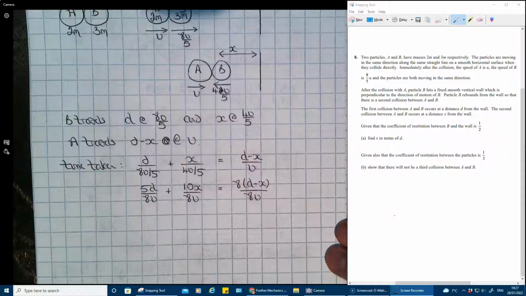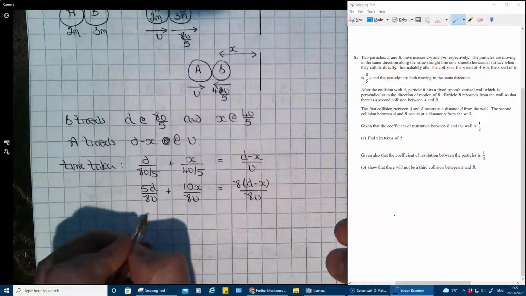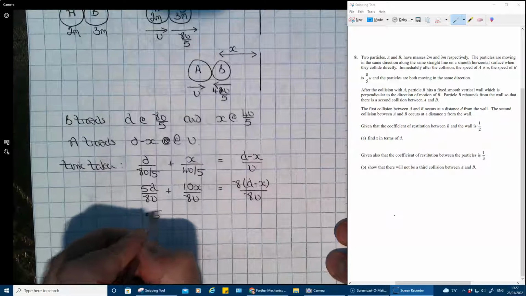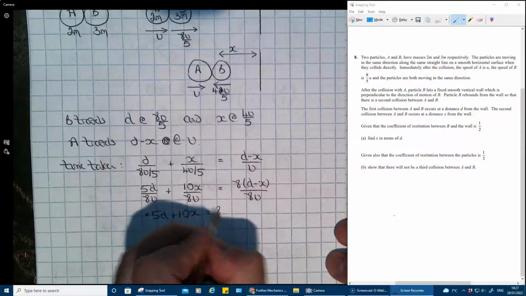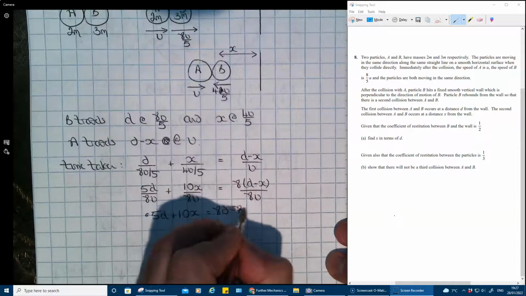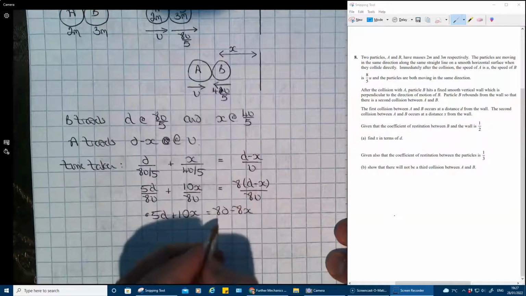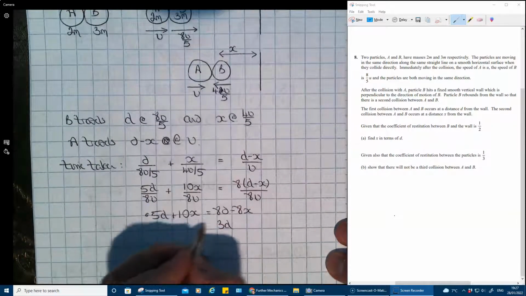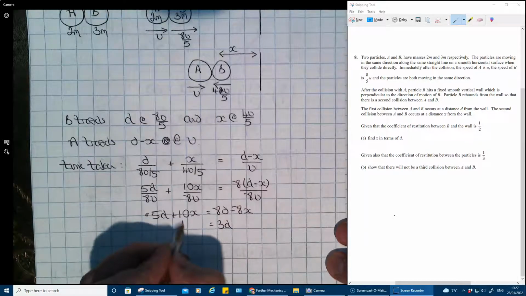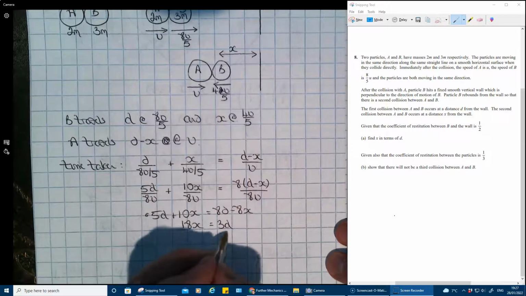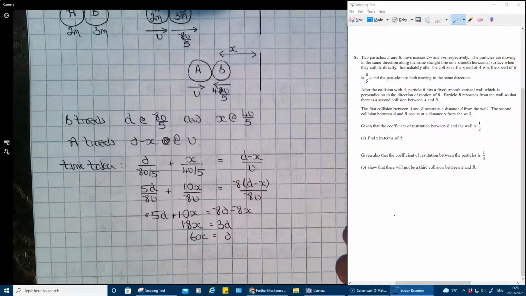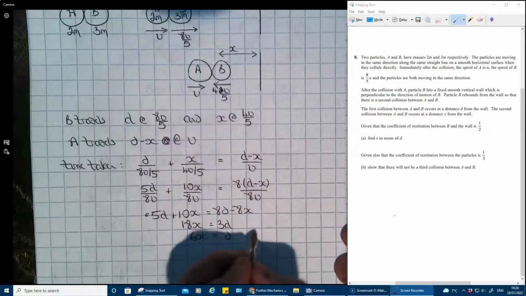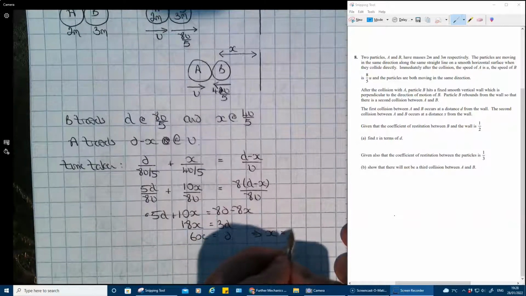So now I can just compare the numerators. So 5d plus 10x equals 8d minus 8x. So I end up with 3d equals 18x. So d equals 6x. Find x in terms of d. Okay, so x equals d over 6.